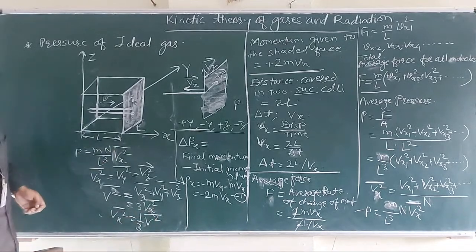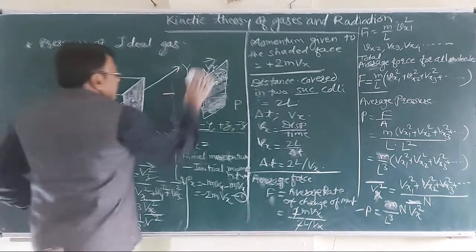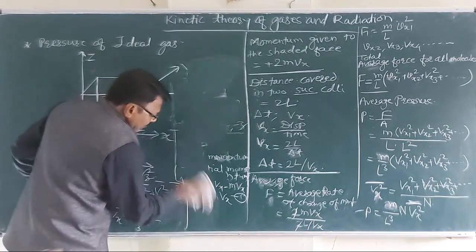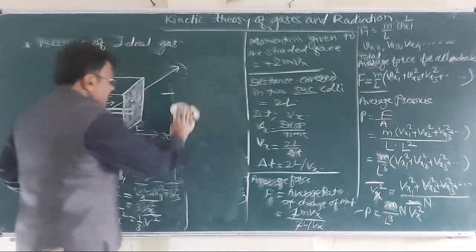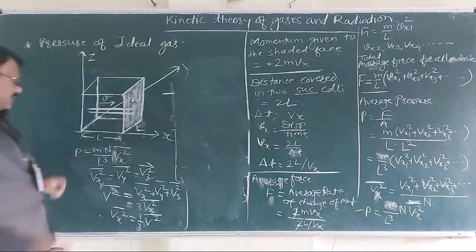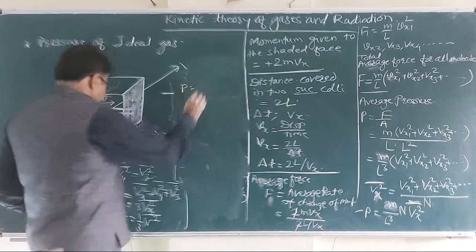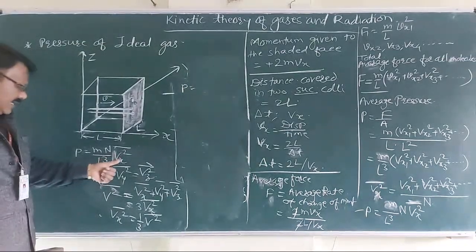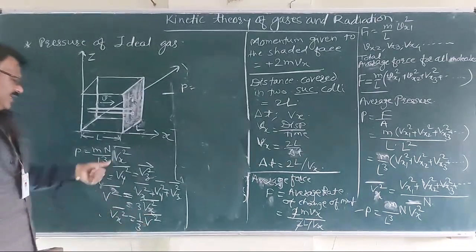Now by substituting this value in the pressure equation, we get P is equal to, instead of Vx square bar, 1 by 3 V square bar.